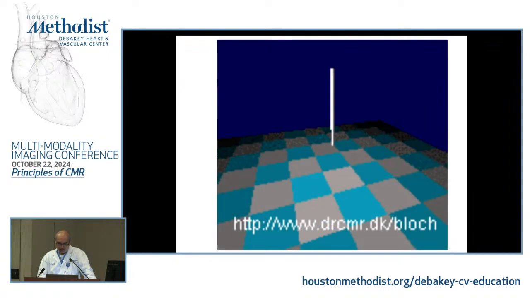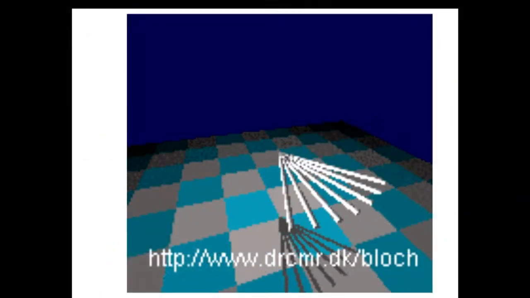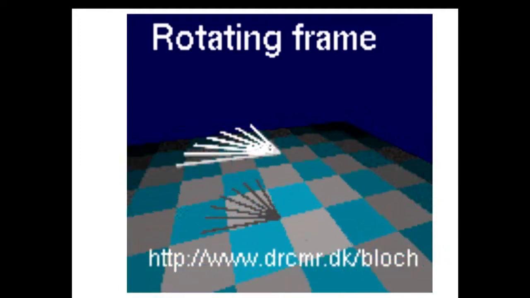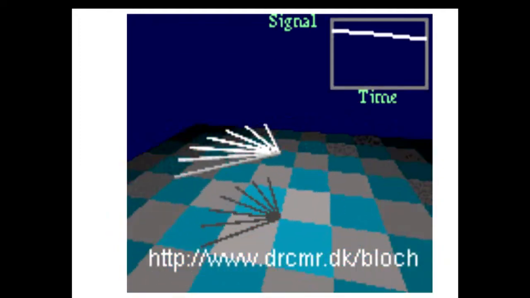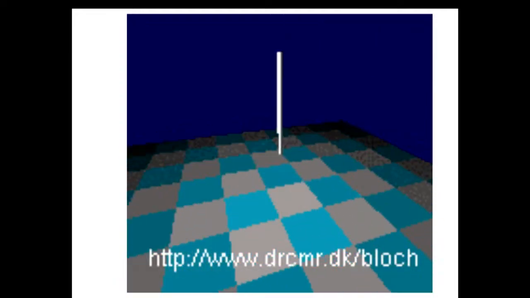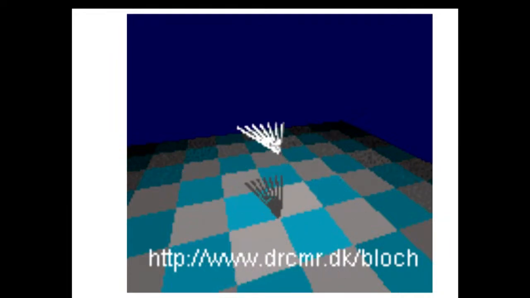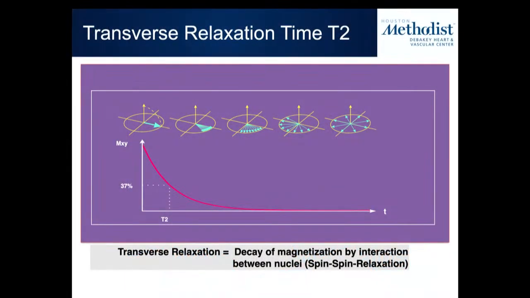And so this is now going to be a schematic that shows that. So you see we knocked everything down into the transverse plane with a 90-degree pulse, and notice what happens, these things start to separate from each other. So if you take the net vector, which is the summation of all of these together, the net size of the vector gets less and less and less. And that's your T2 decay. So your T2 decay also is tissue dependent.